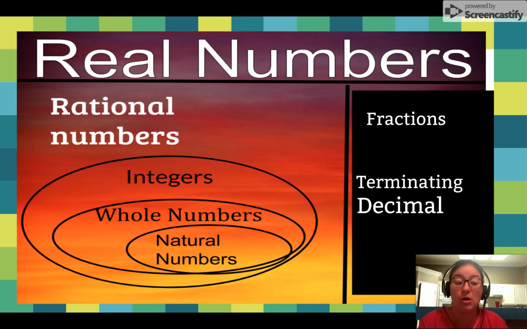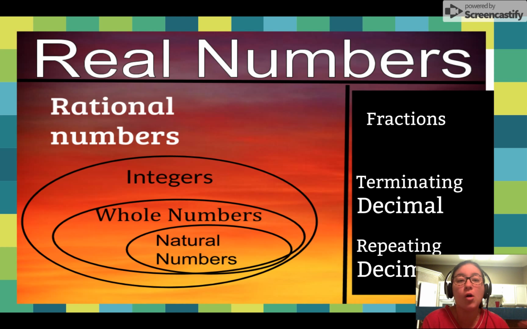There's also repeating decimals, and these are indicated with a little bar or line on top of the numbers that repeat. Repeating decimals are also able to be written in fraction form. They don't terminate or stop after a certain number of digits like terminating decimals do, but they're still rational numbers.